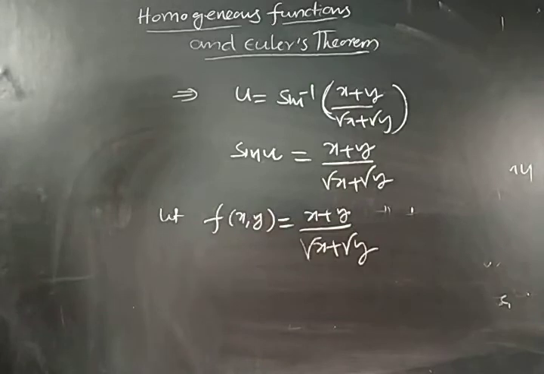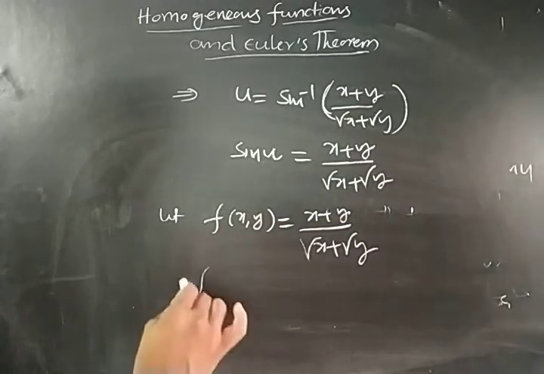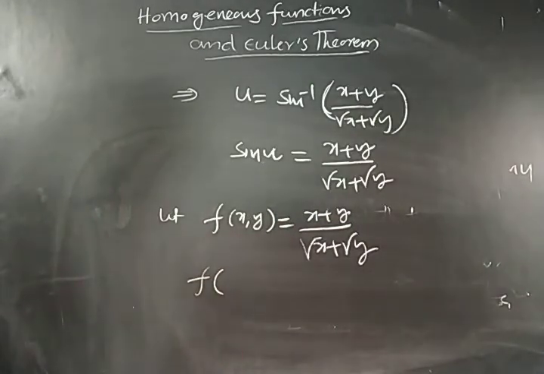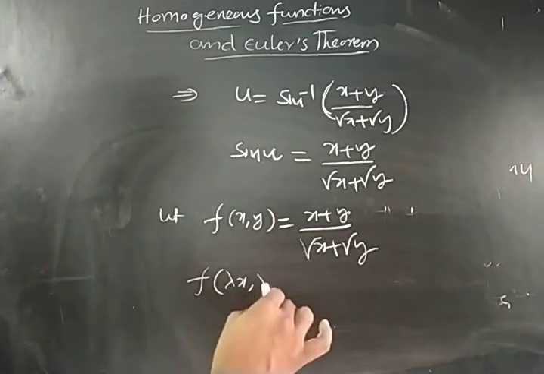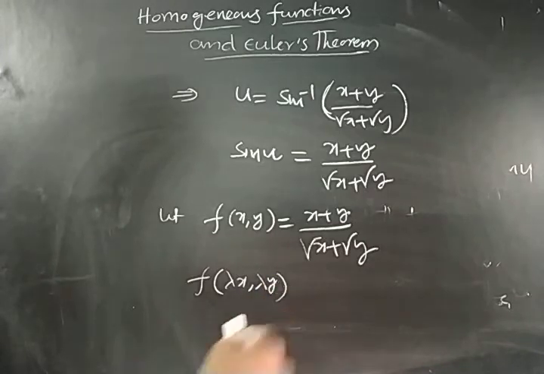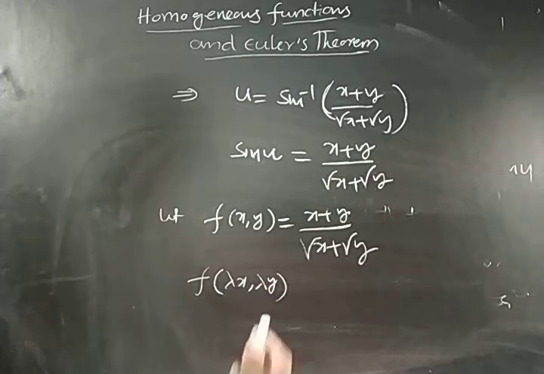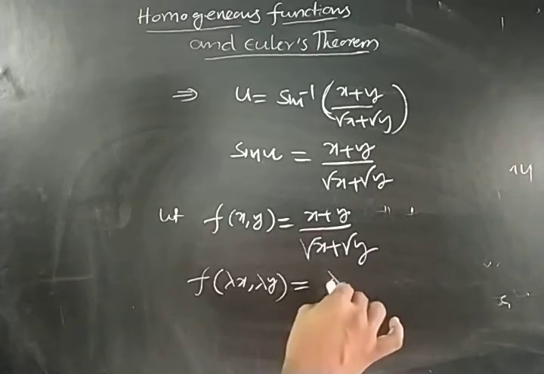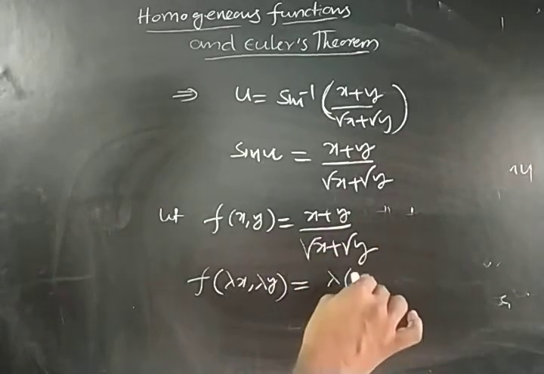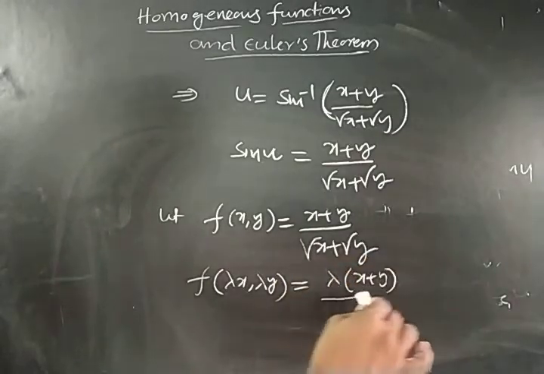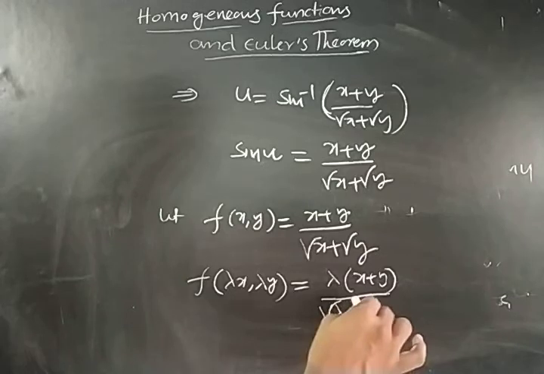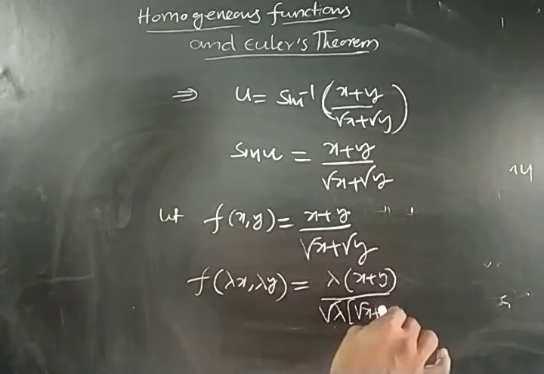Now I am going to check whether it is homogeneous or not. If it is homogeneous, then we can apply Euler's theorem. For that we substitute lambda x in place of x and lambda y in place of y. You will get lambda x plus lambda y, and by taking lambda common, x plus y. Here root lambda x root lambda y, by taking root lambda common you get root x plus root y.